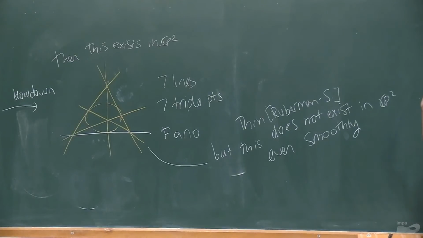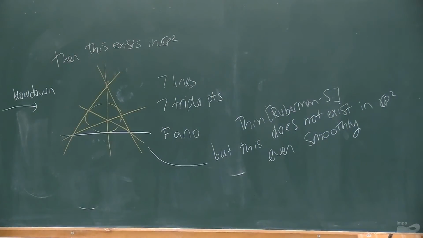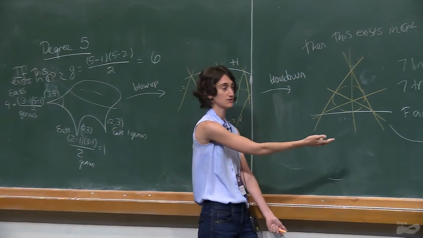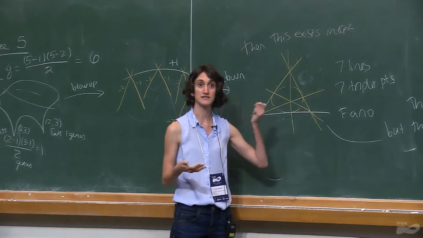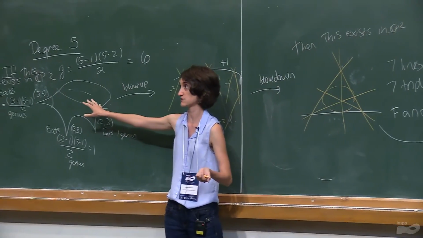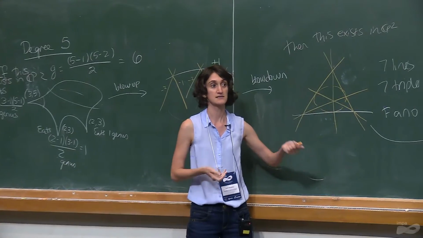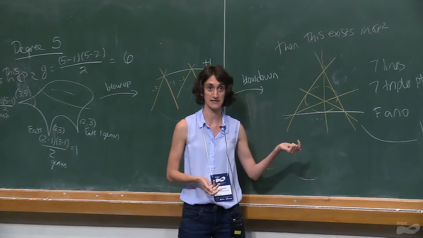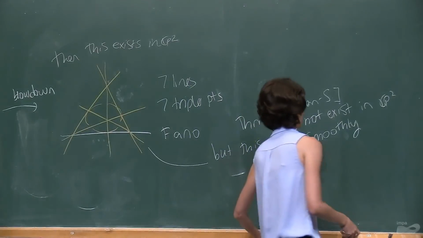So these kinds of complicated curves can't exist because they can be translated into configurations of lines which can't exist. So we kind of take something which has complicated singularities, simplify the singularities, and then reduce it to a problem which we can understand. So this is the abstraction side of things.